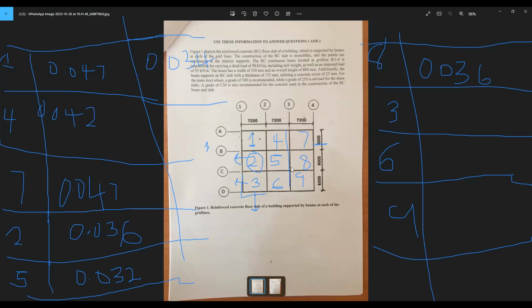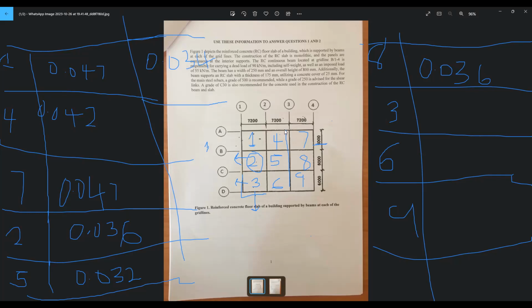With our panel 4, we said it is one long edge discontinuous, because the 7,200 edge is discontinuous. Other than that, we don't have any of the other edges discontinuous. So one long edge discontinuous, and we go to positive moments at midspan.